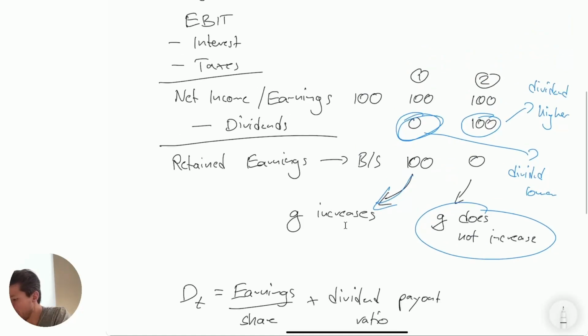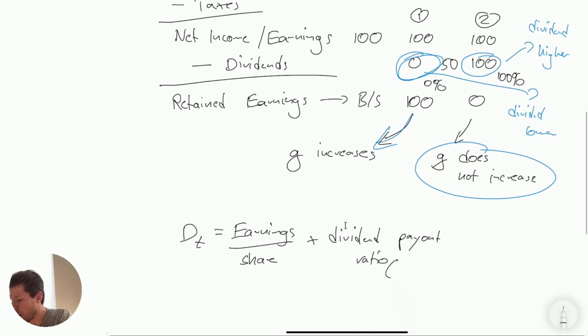Here the dividend payout ratio is 100%. Here the dividend payout ratio is 0%. If my dividend payout ratio is 50%, I would have 50 in dividends.